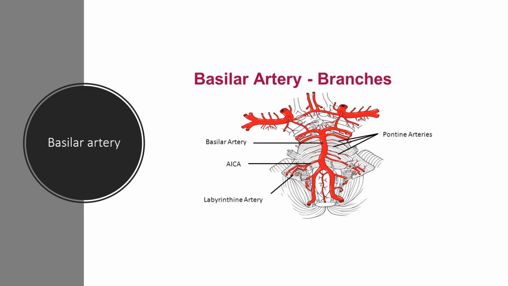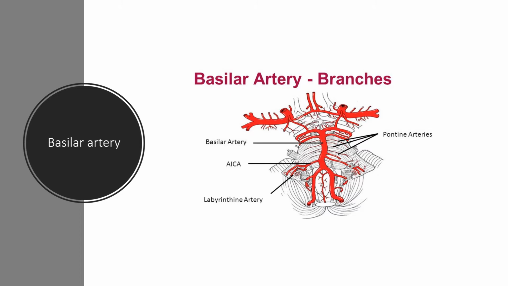It ascends in the basilar sulcus on the ventral aspect of the pons in the cisterna pontis and terminates at the upper border of the pons by dividing into right and left posterior cerebral arteries.